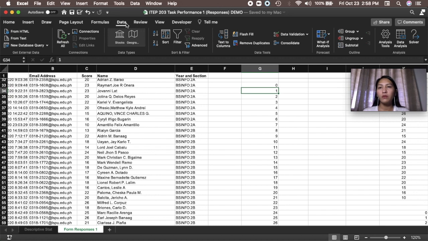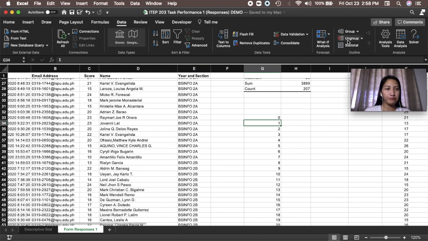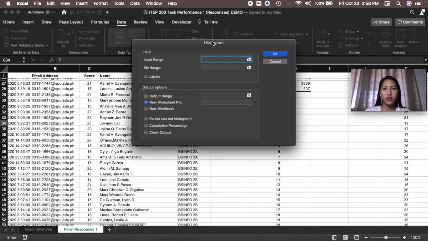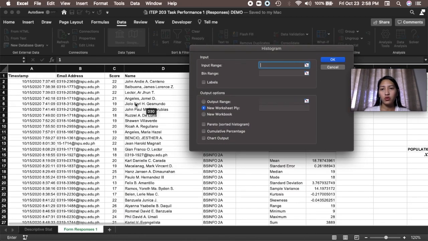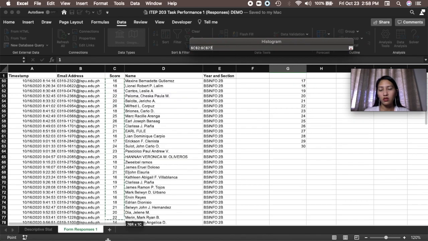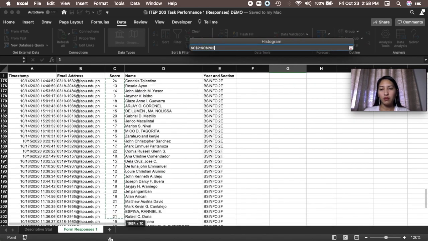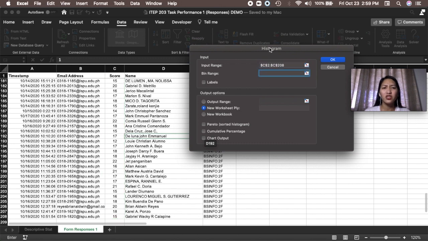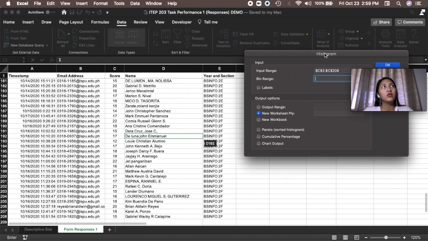Okay, so going back, so data ulit, data tab, data analysis, histogram, click OK. The input range is yung scores natin, which is itong range na to. Dadrag mo lang siya pababa. There. Bin range, ito yung range ng ating histogram.